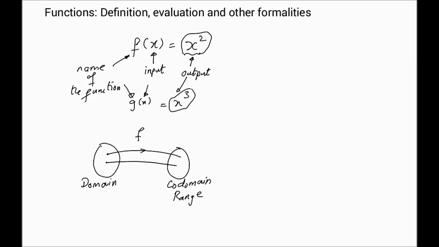This is where your x usually is, and in this case this would be x squared for that first example. If we had the number 1 here, it would be mapped to 1. If we had 2 here, 2 squared is 4, and so on and so forth.